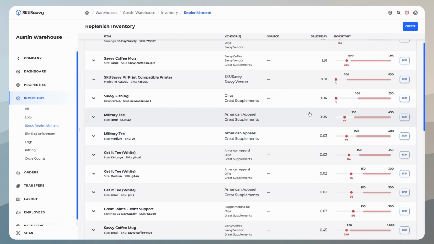Now within SKUSavvy, you can also set different par values for each different location. And so that can help to rebalance stock across your warehouse versus store locations so that your store locations never run out. Again, just saving a lot of time and effort to assemble these types of reports.